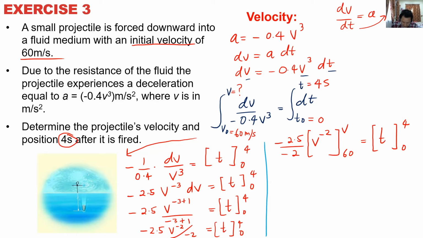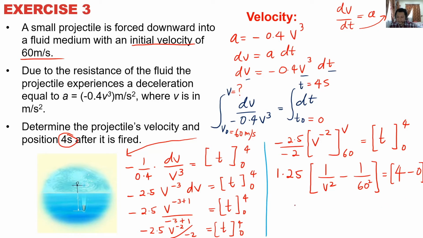2.5 divided by 2 is 1.25. This one is actually 1 over v squared minus 1 over 60 squared equals 4 minus 0, if you plug it in.